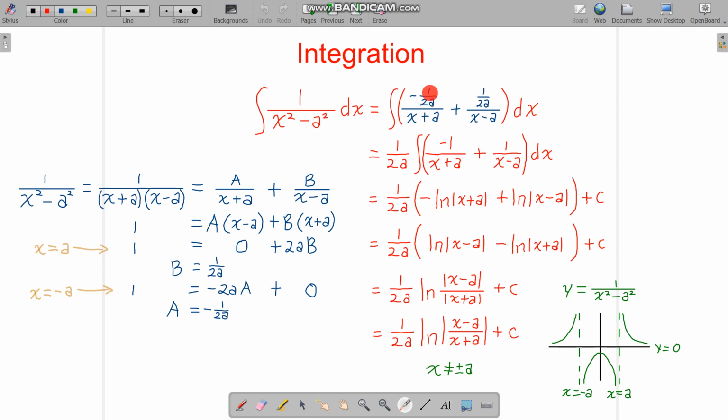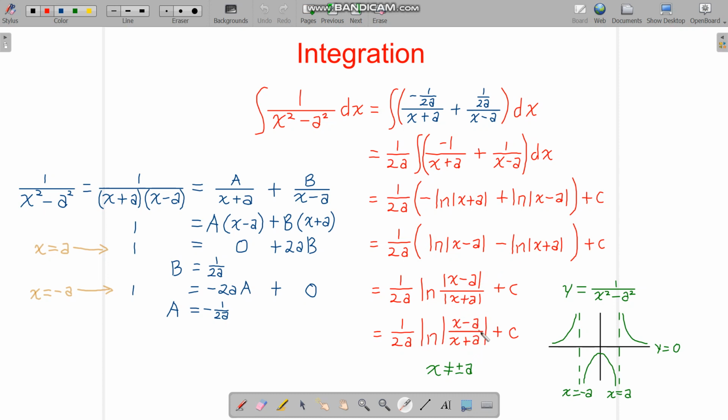And then we can pull out the 1 over 2a out of the integral, and then we can integrate minus ln plus ln this, and then we're just switching the order here, the positive one first and then the negative, and minus means division, the quotient rule, and we can just combine the absolute value.